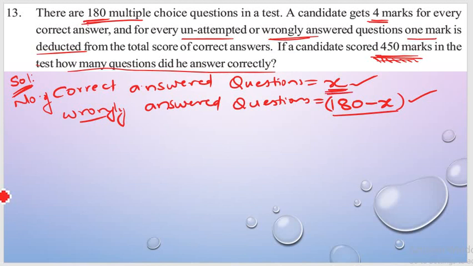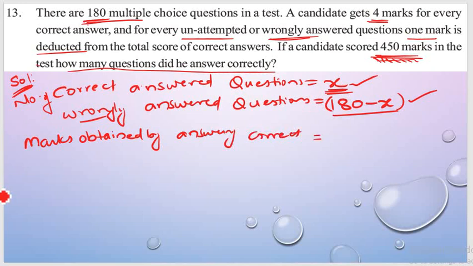That means the marks obtained by answering correctly is, for each question he will get 4 marks.